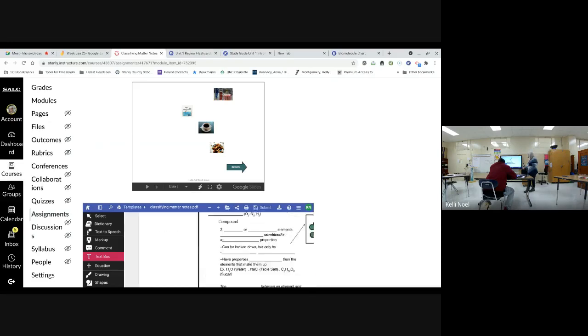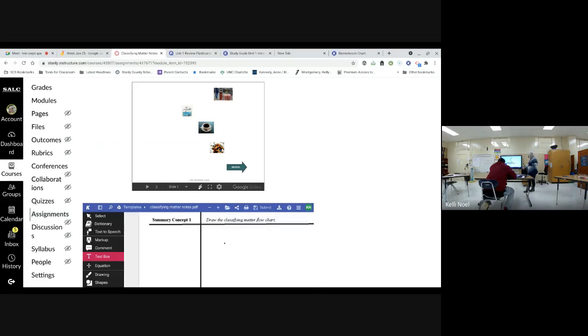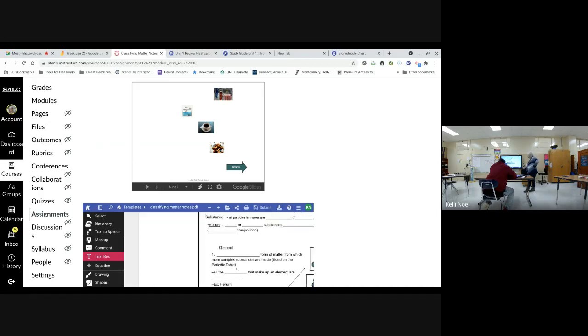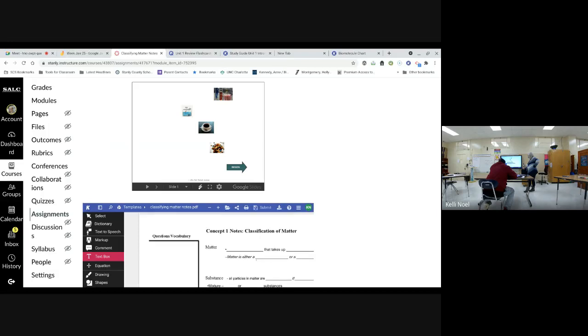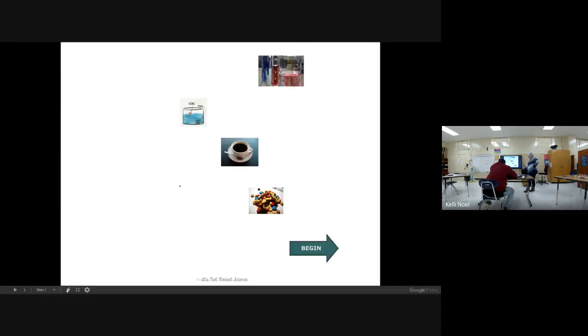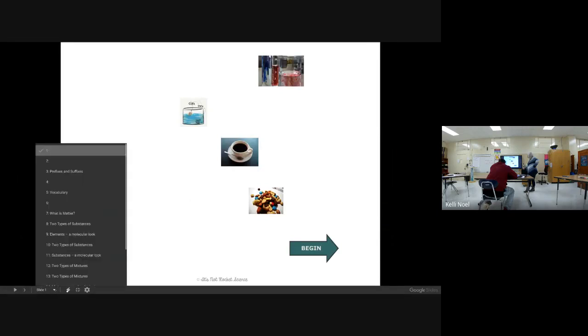And so when you get down to summary, you're gonna put that information down here. You're not gonna do what that says, but you're gonna put the missing notes there. So if you wanna fill in, you can just do this part on your computer, and I'll have this up large up here. We're gonna bypass the vocabulary here.